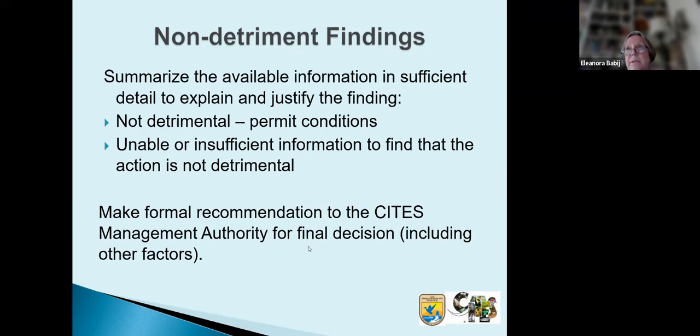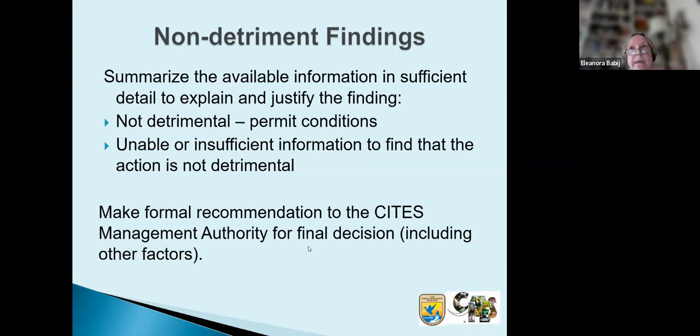In those cases, if there is something that makes our findings stronger or the action stronger, we may put in what are called permit conditions. Those permit conditions may be the thing that can bring us to a positive finding, and generally they reinforce our findings.